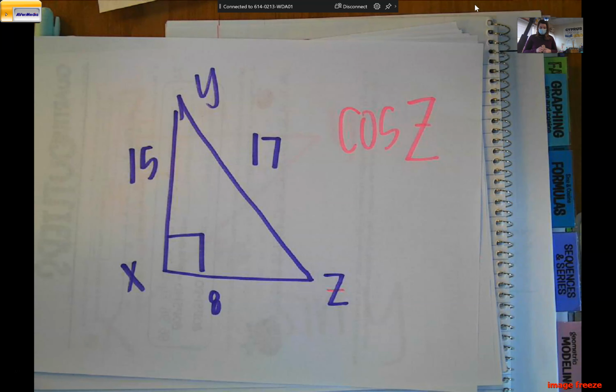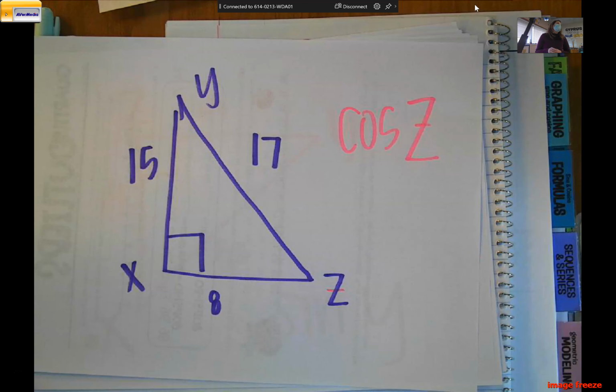Okay. Cosine of Z. Roughly 10. Five. Okay, this one goes to Poe. 15/17.